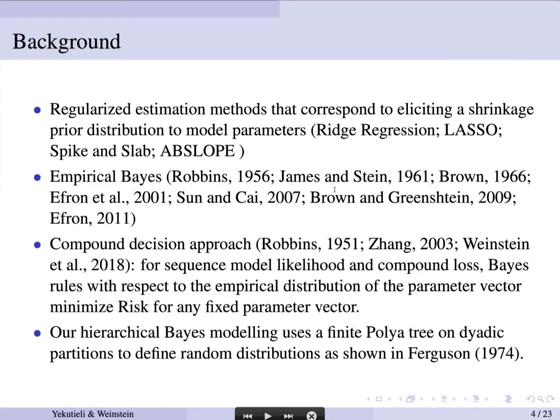What we're showing is connected to lots of things in the literature. First of all, our main competitors are these regularized estimation methods, which actually correspond to eliciting a prior, or shrinkage prior, on the model parameters. What we're actually doing looks like ridge regression, looks like lasso, looks like spike-and-slab, and even like a prior-based slope.